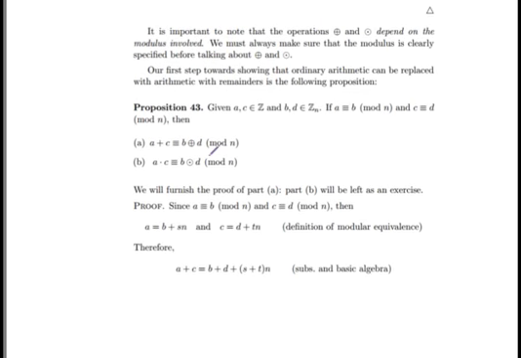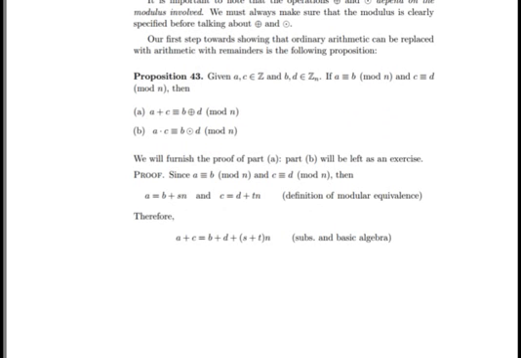Okay, now we have to prove some consistency about these operations. So what is this proposition saying? It's saying that if I have any two integers a and c, and I add them, and I take the result mod n, that's the same thing as taking b in Zn that's equivalent to a, and d in Zn that's equivalent to c, and adding those two using circle plus.